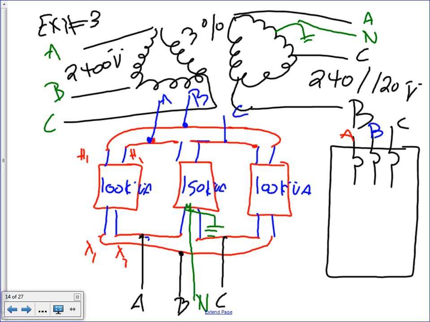Okay, and then if I have a three-phase load, look how they do it. Suppose I have a three-phase load, you take one from here, and one from here, tie them together, and here's my three-phase load.